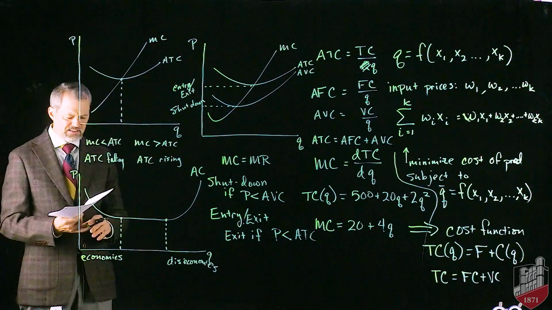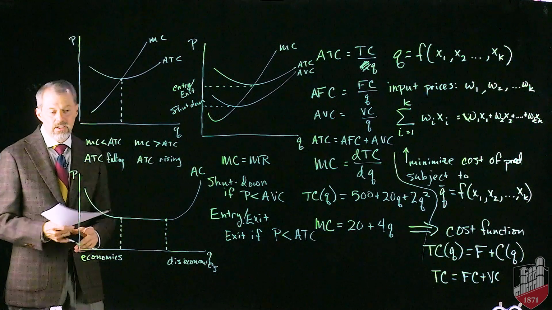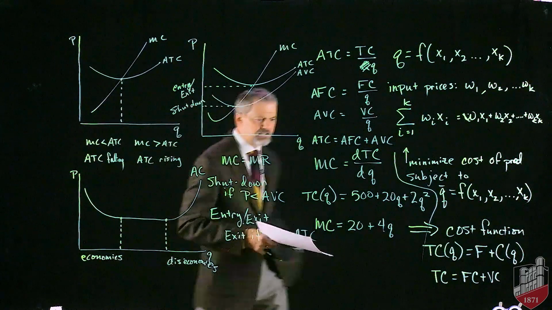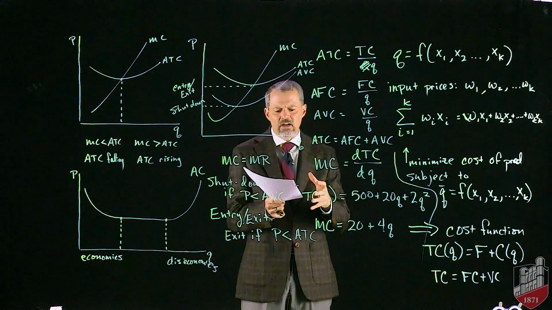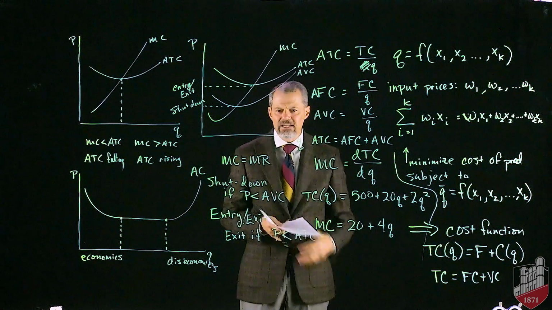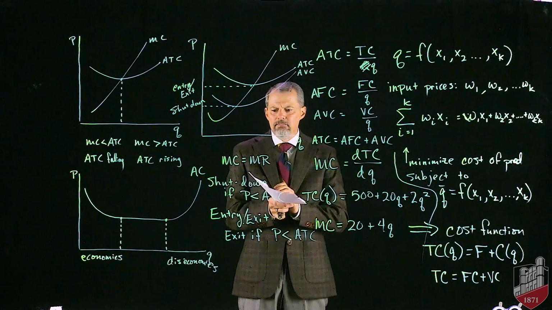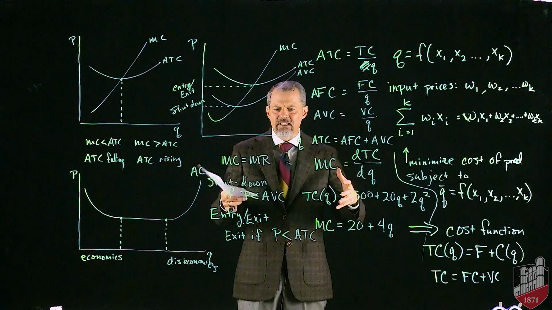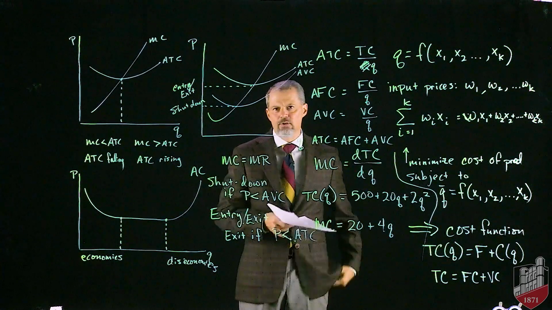So that's one thing that can cause economies of scale. It could also be that economies of scale are caused by the presence of large fixed costs when a firm wants to enter the market. So if entering the market entails a big outlay of fixed costs, then that's going to lead to economies of scale.